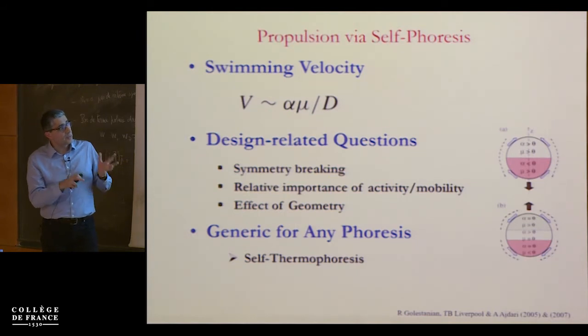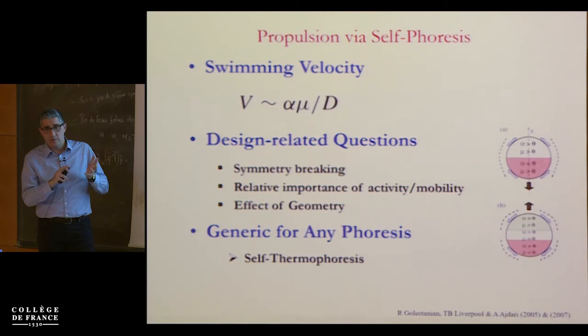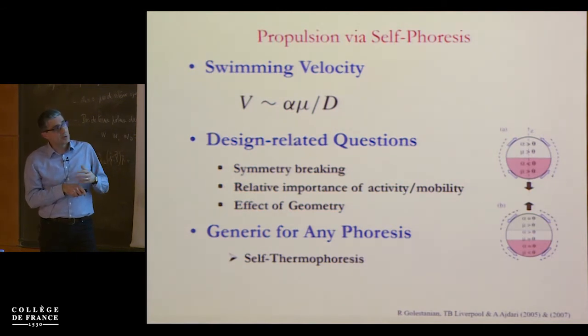Then you can set up any type of geometry or any type of pattern for the mobility, for the activity, and study what kind of symmetry breaking you need to have so that you will have self-propulsion. And you can study other types of thermodynamic potential, not just chemical potential, but also temperature or electrostatic potential, and so on.